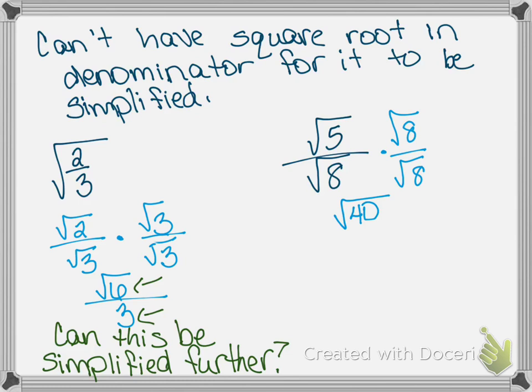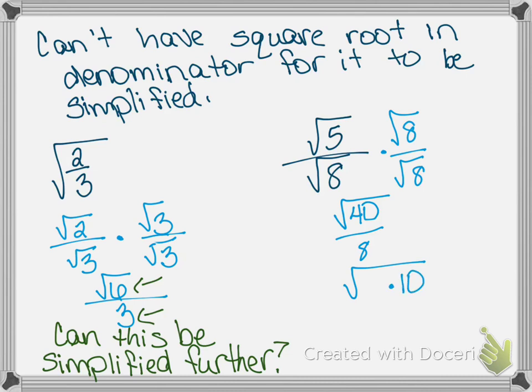What's the square root of 8 times the square root of 8? 8. Now, can this be simplified further? The answer to this one is yes. There is a perfect square inside 40. What is the perfect square inside 40?